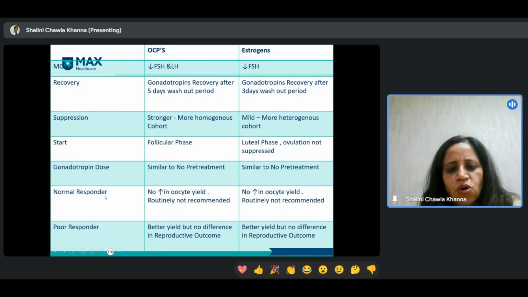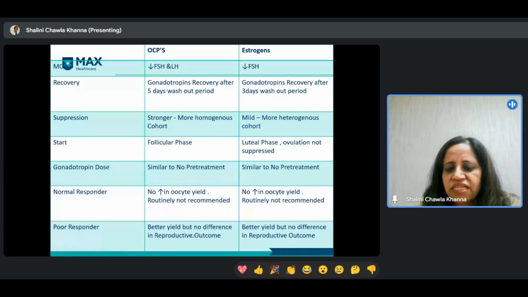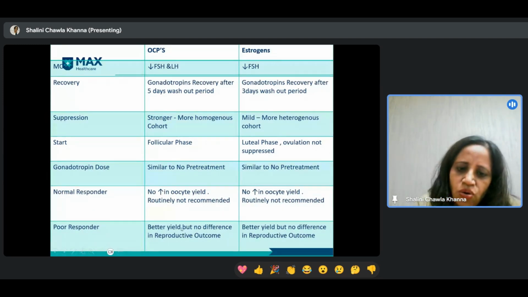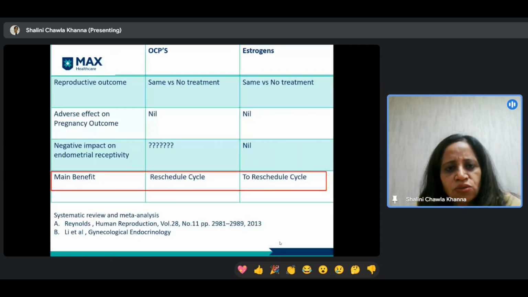Whereas in poor responders, they found a better yield, but eventually the reproductive outcome, the clinical pregnancy rate and the live birth rate, did not matter much, given the controversial points which the Cochrane highlighted, that there could be a decrease in the pregnancy rate. So this was also similar for both. So reproductive outcome same, adverse effects same.